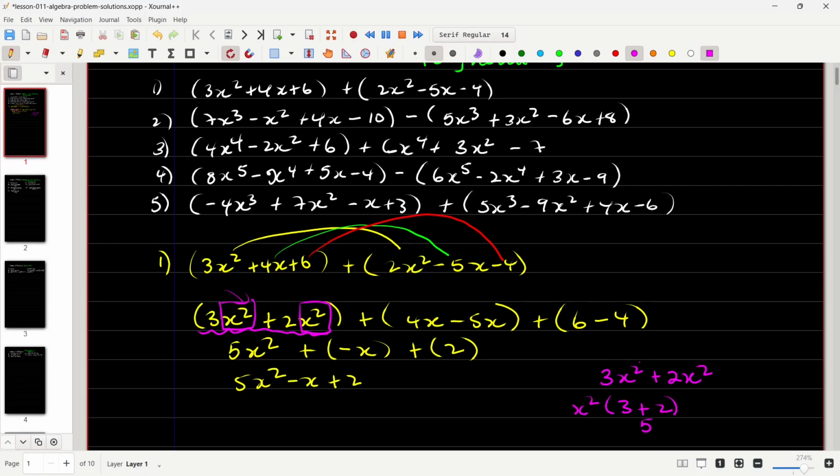And you can think of this x squared as some kind of object. So you can say, okay, 3 apples plus 4 oranges plus 6 plus 2 apples minus 5 oranges minus 4. And notice that we add apples with apples, which is the x squared and the x squared, and oranges with oranges, which is the x and the x, and then the final 6 with the 4.